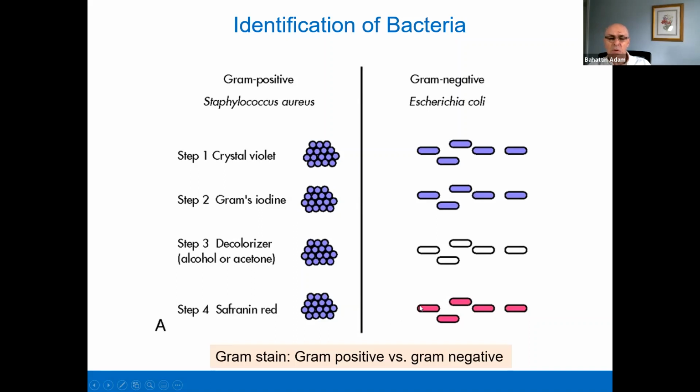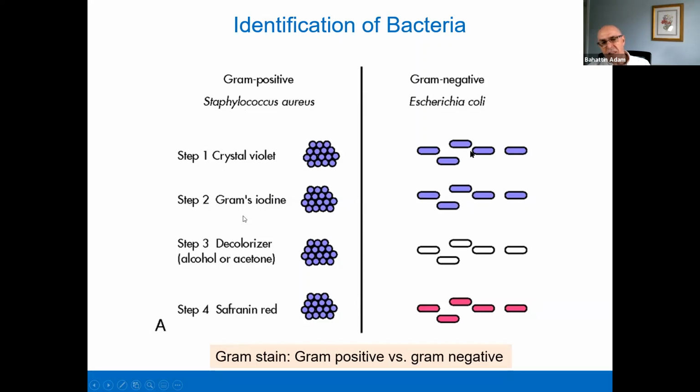You are going to do these steps of the technique step by step. At the end of the procedure, if they are gram-positive, you will see these colors, violet, purple-like.